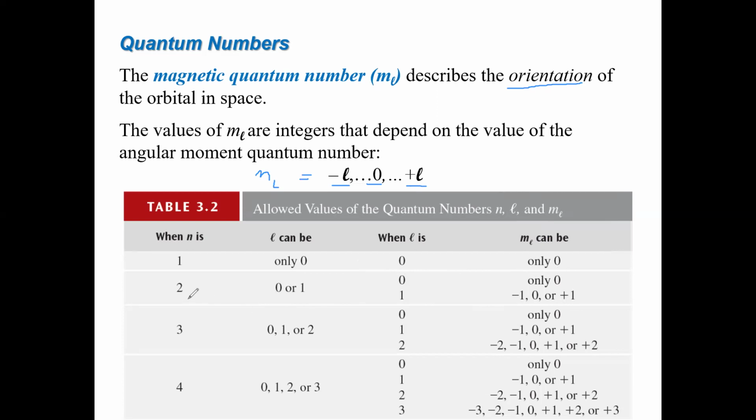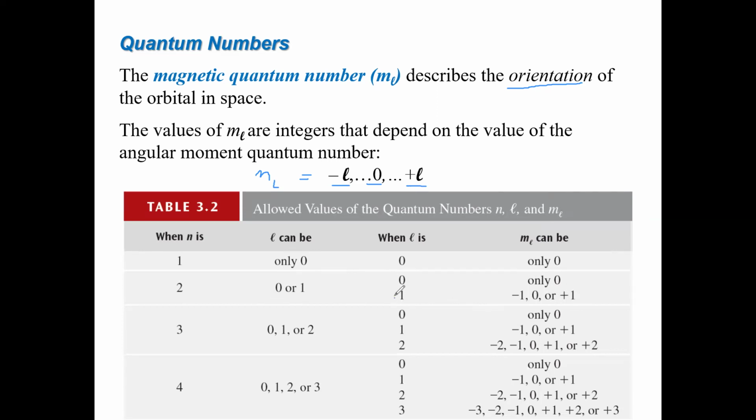If n is 2, as we said, L can be 0 or 1. If L is 1, you have possible values of minus 1, 0, or plus 1.